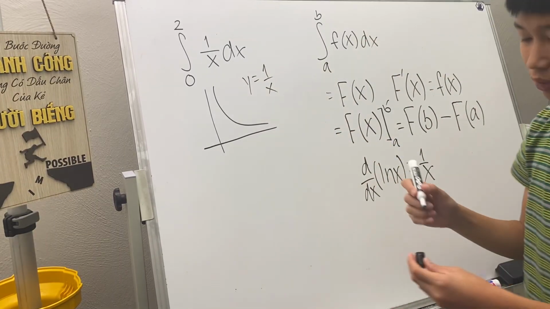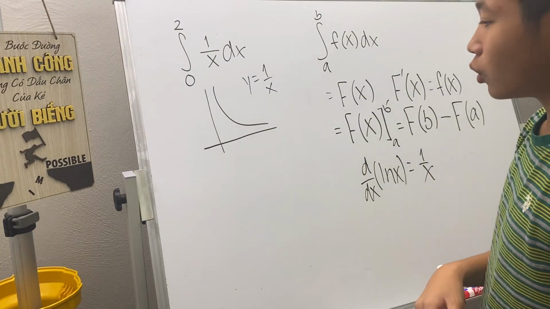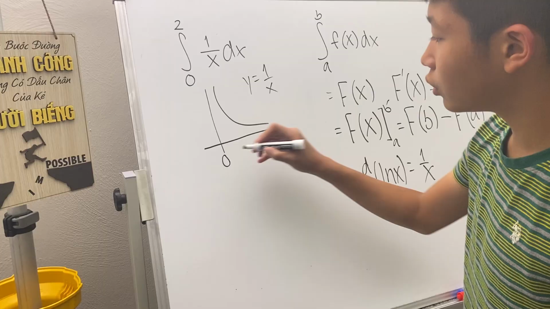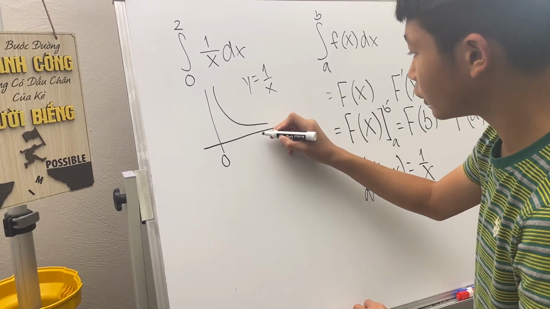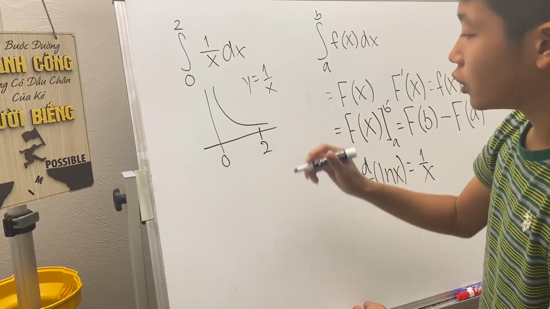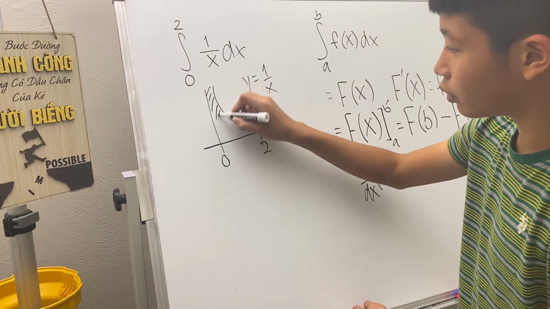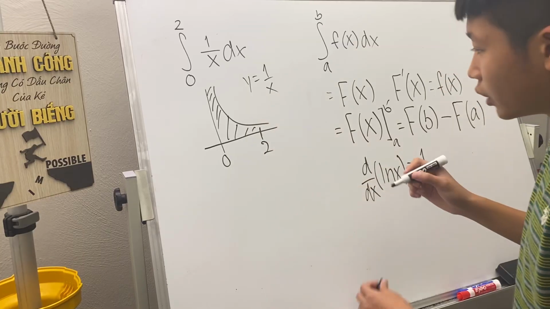Technically f of x, because we're dealing with calculus. So we are going from 0 to 2. Let's say right here is 2. In an integral, you want to calculate the area.